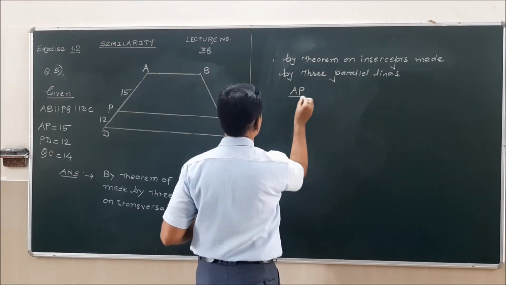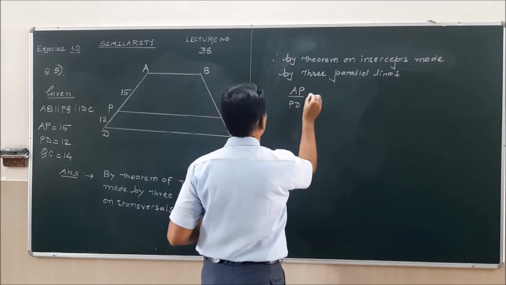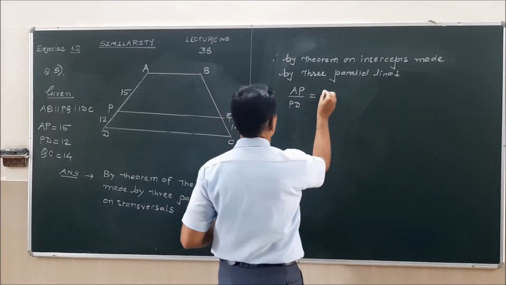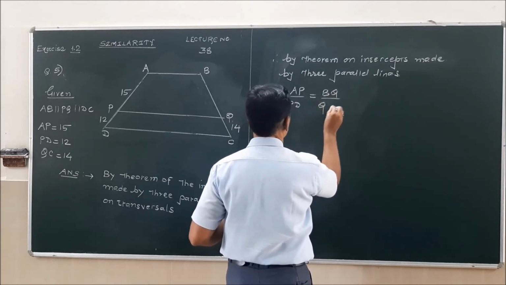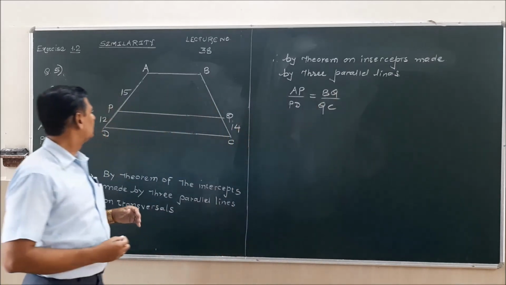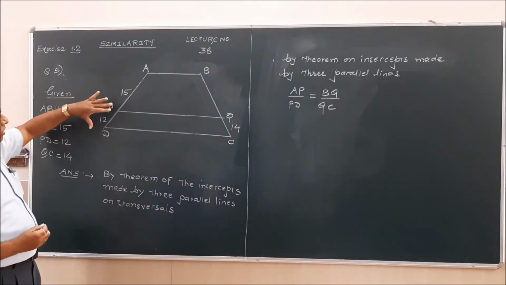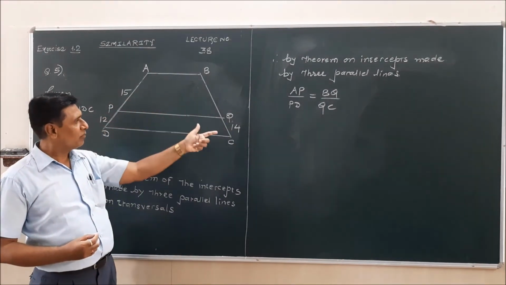The ratio of intercepts made by three parallel lines on one transversal is equal to the intercepts made on the other transversal. So you will find that AP upon PD is equal to BQ upon QC.